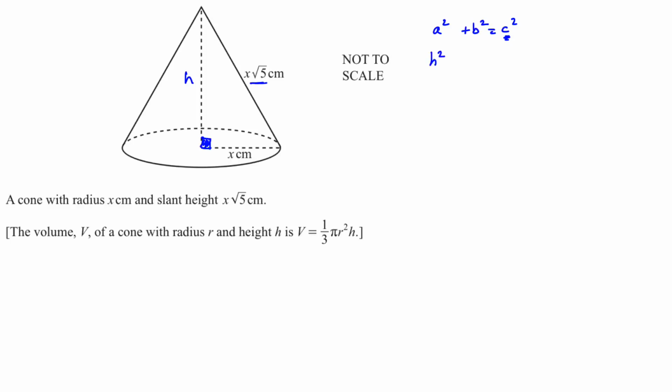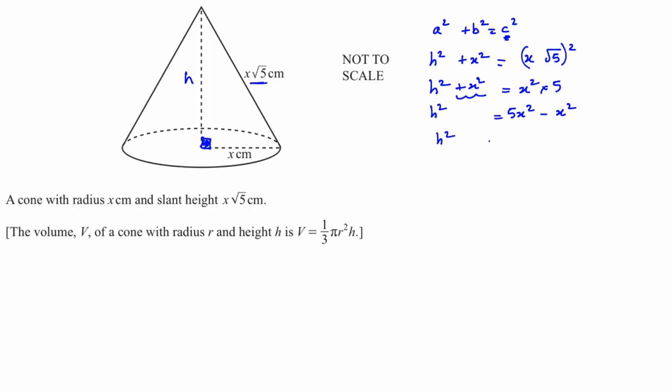h square plus x square is equal to x square root 5, squared. x square root 5 squared will give you 5x square. This x square, when we bring to the other side, will become negative x square.